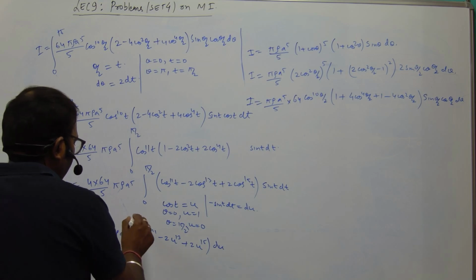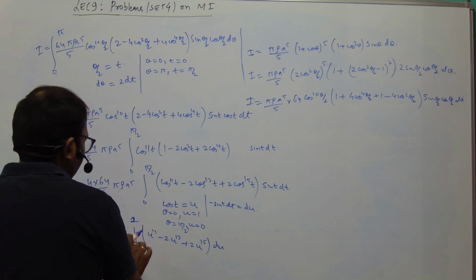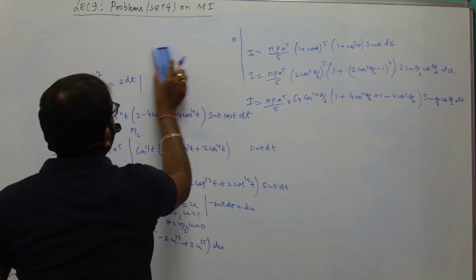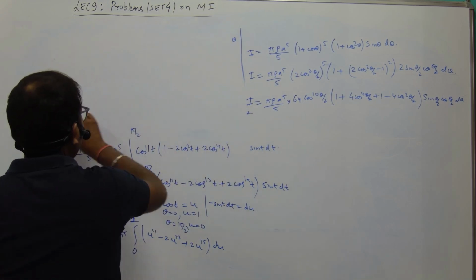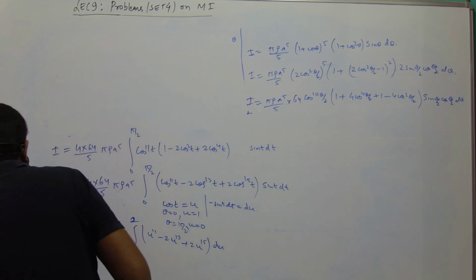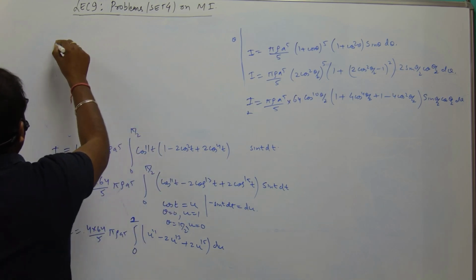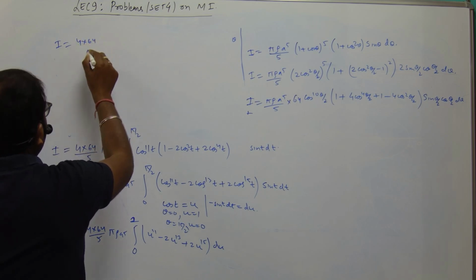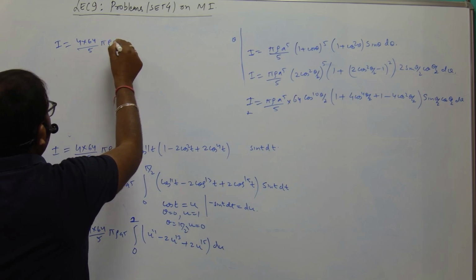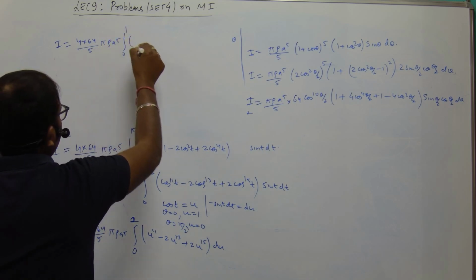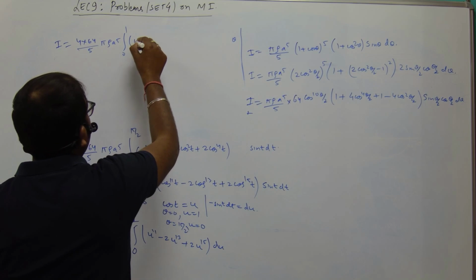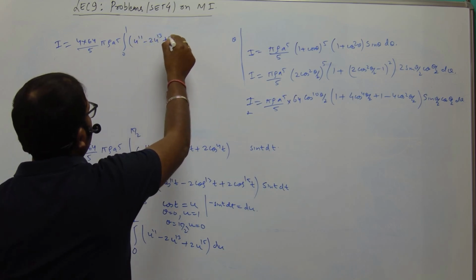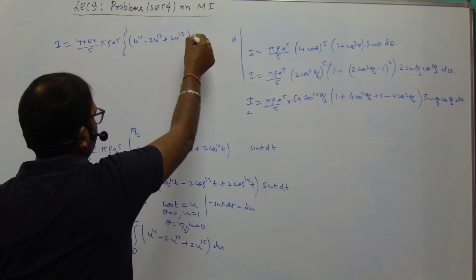Let us further simplify this. So we have I is equal to 4 into 64 upon 5 pi rho a^5, this is 0 to 1, u^11 minus 2 u^13 plus 2 u^15 du.